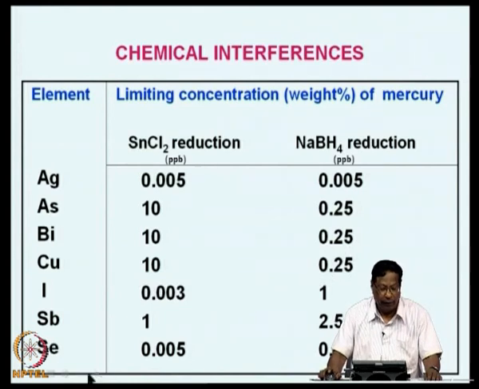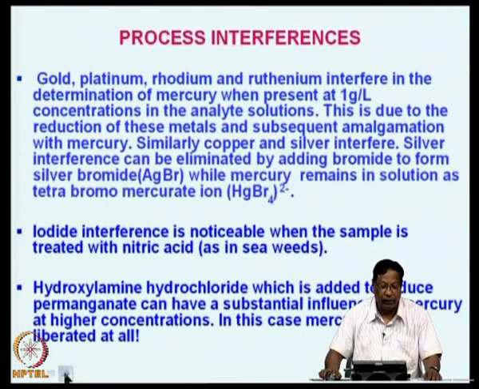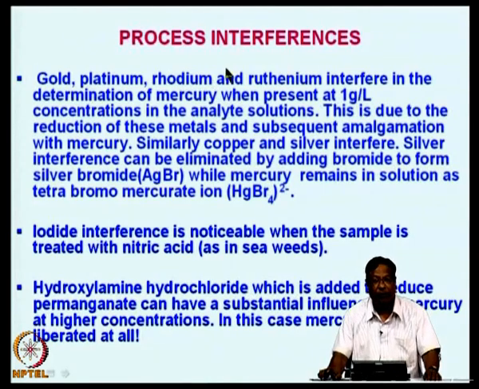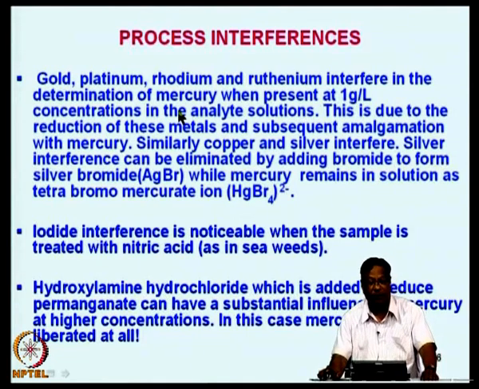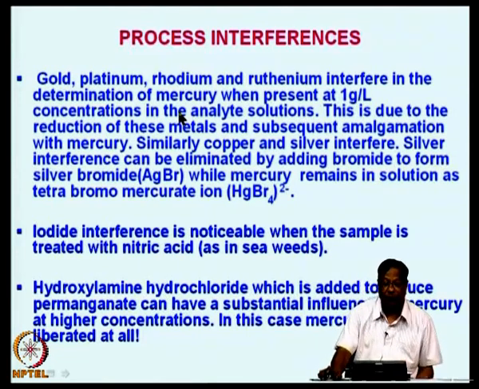And we had also discussed the process interferences, that is gold, platinum, rhodium, ruthenium etc. They interfere in the determination of mercury when present at 1 gram per liter concentrations in the analyte solutions.